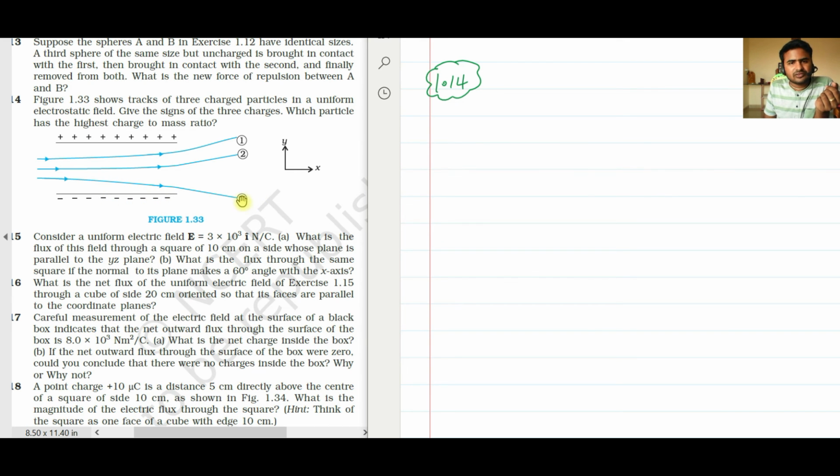That means charge 3 should be positive. As simple as that, because the negative charge will get attracted towards the positively charged plate, and the positive charge will get attracted towards the negatively charged plate.